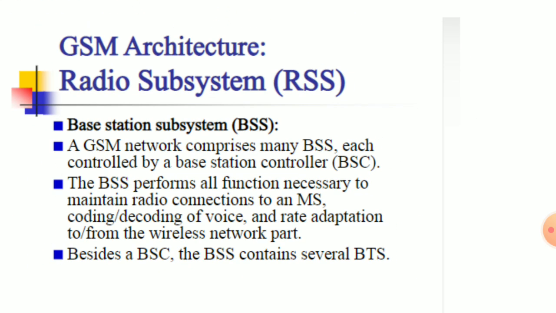One more term is the base station subsystem. The main purpose of the base station subsystem is the coding and decoding of voice and rate adaptation to and from the wireless network part.